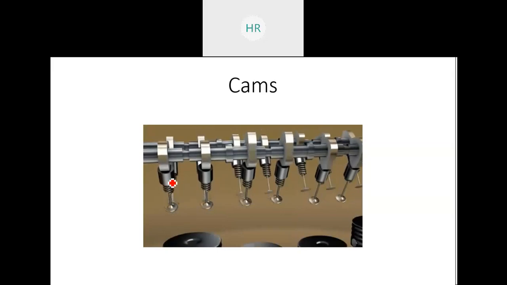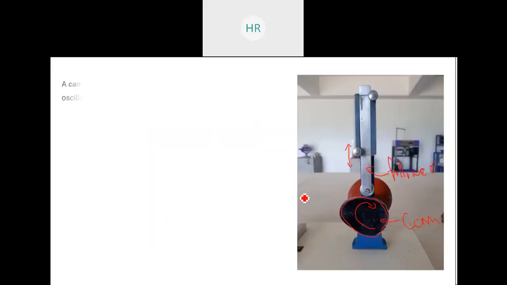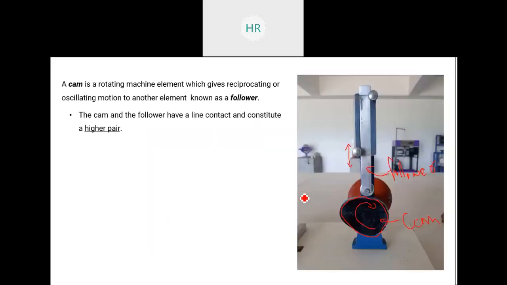You can see over here, the cam and follower have a line contact and constitute a higher pair. This element over here, the roller, and this cam will have line contact. Line contact means higher pair. Okay, so it will have a lower amount of friction.